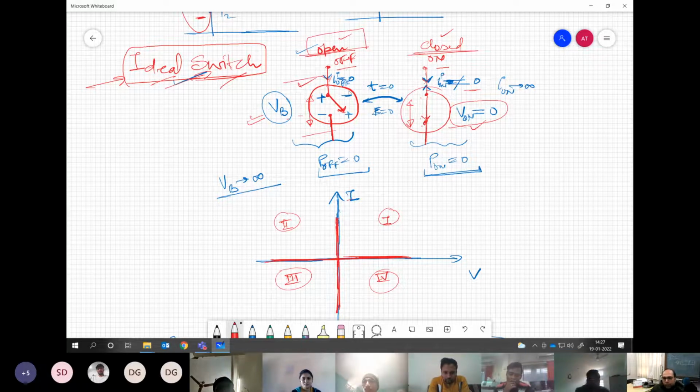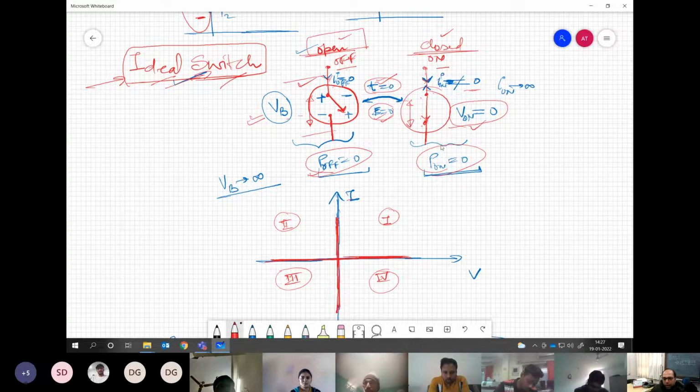Now, going from one state to another, the transition time is also 0 for the ideal switch, and the energy taken in that change of state is also 0. So this is the characteristic. Ultimately, during conduction the power is 0, and during the switching the power is also 0, and there is no transition time.